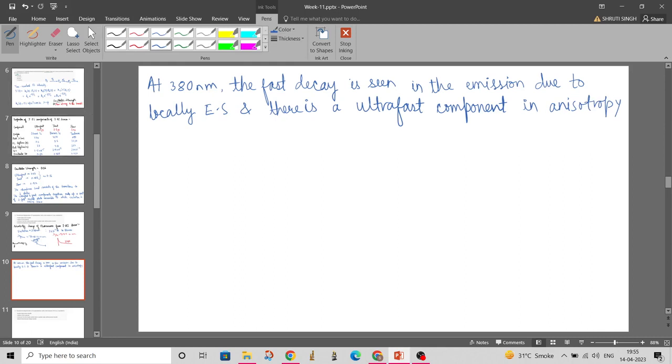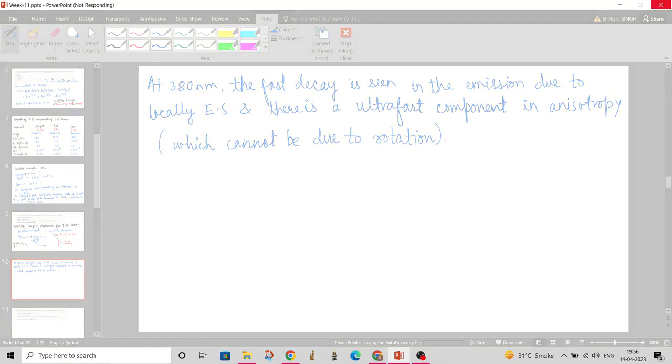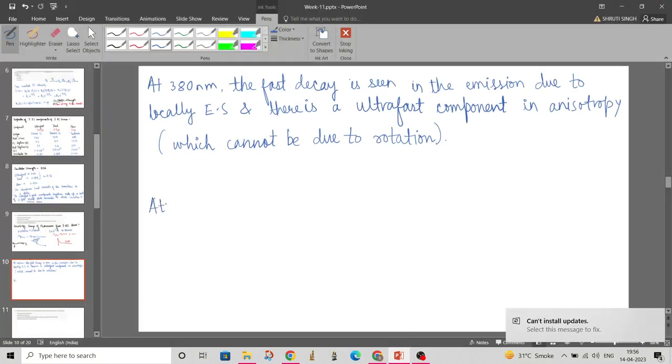So this cannot be due to rotation. And in the red edge, at 500 nanometer, there was a rise in the fluorescence spectrum, followed by a very slow decay due to tautomer.